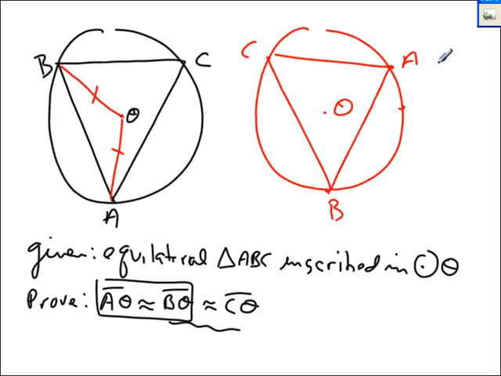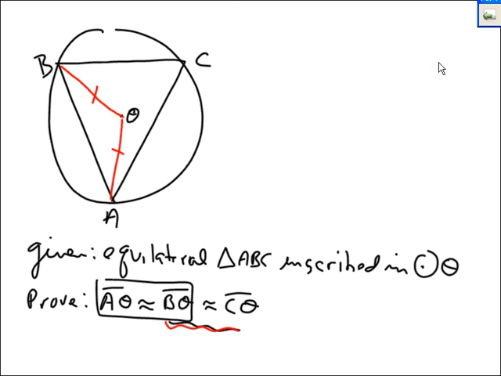But this is the same picture. I just labeled the points differently. Don't get caught up on that. Now, by symmetry, CO and BO must be equal. So it's really enough just to show one pair are equal. If you don't want to show AO and BO are congruent, show AO and CO are congruent. And then you can say by symmetry, the third one is congruent.